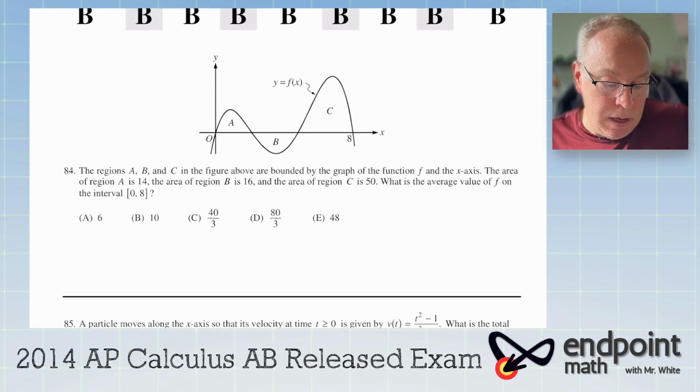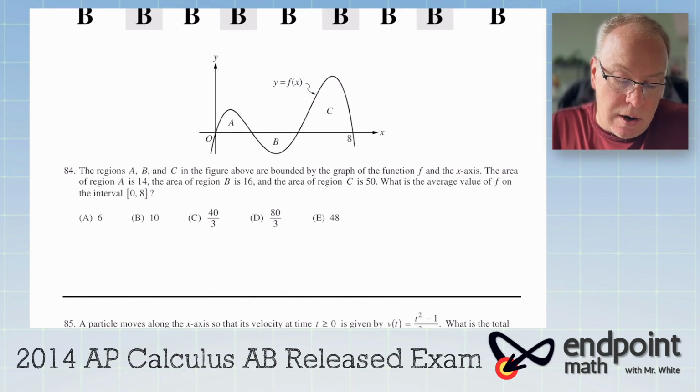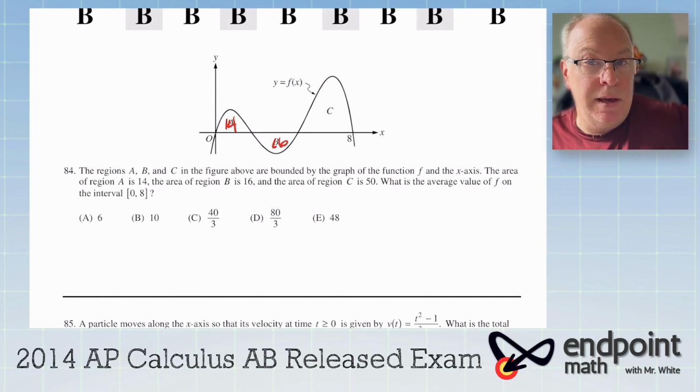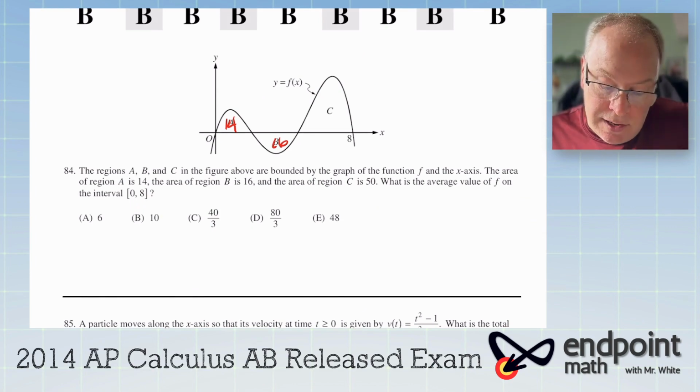84, here we go. The regions A, B, and C are defined here, and the areas are 14, 16. Now notice that's under the x-axis, so I'm thinking, oh, that's going to be negative. And then C is 50. What is the average value of f on the interval 0 to 8?